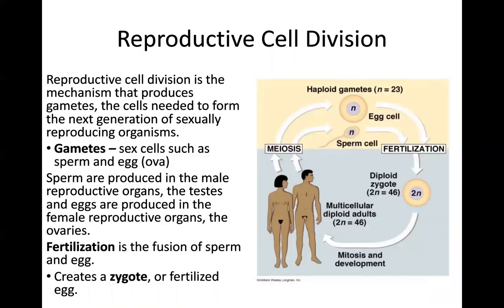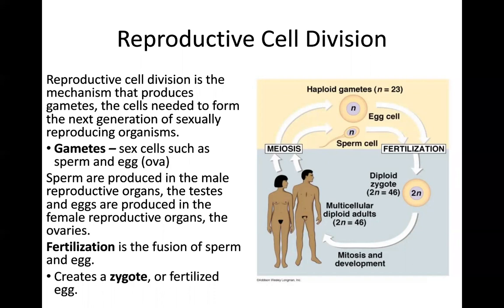Let's first introduce reproductive cell division, which is the process in which we produce our gametes, which are the cells that we need to make babies with. So we're talking about sex cells, which are called sperm in men, eggs or ova in women.